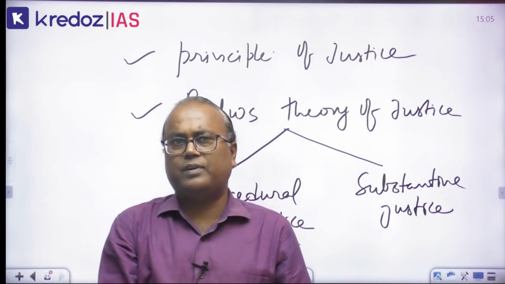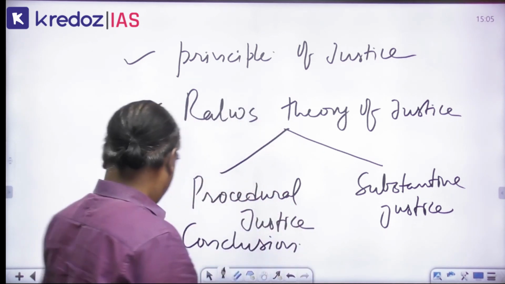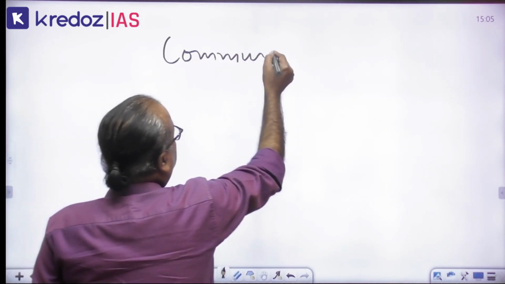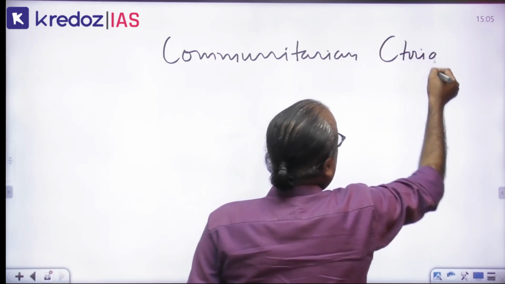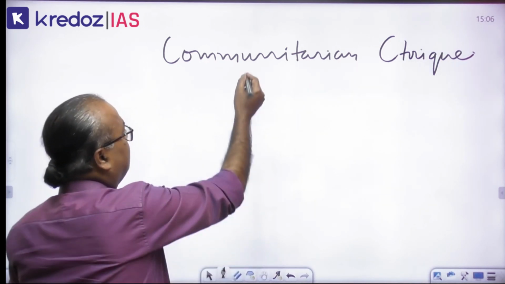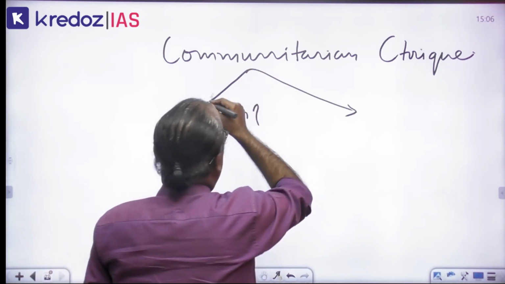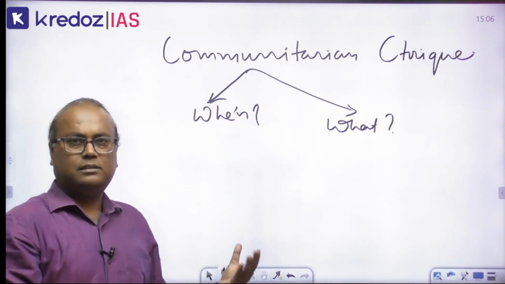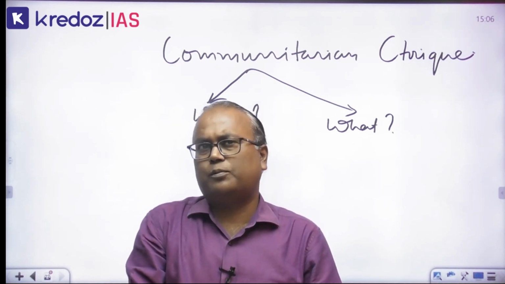After understanding all these basics and the Rawls theory of justice, we have to understand the communitarian critique. Okay, so what is the communitarian critique? As far as the communitarian critique is concerned, you have to understand when and what, then the two persons who actually propounded this communitarian critique.